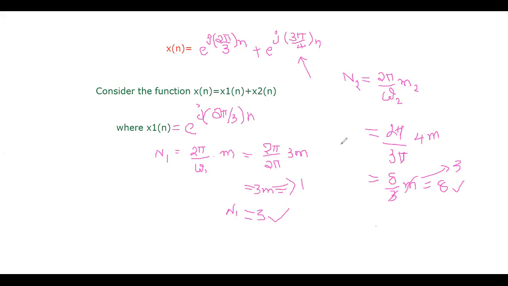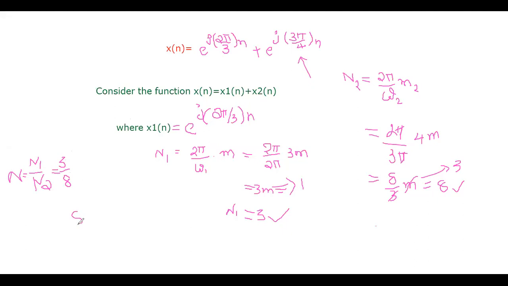But finally, you are asked to determine the fundamental time period for the function x of n. So for that purpose, again, we must define the ratio of n1 by n2. So to have the fundamental time period of the given signal, you must define the ratio of n1 by n2. Now what is n1 here? 3 divided by 8. So just cross multiply this.